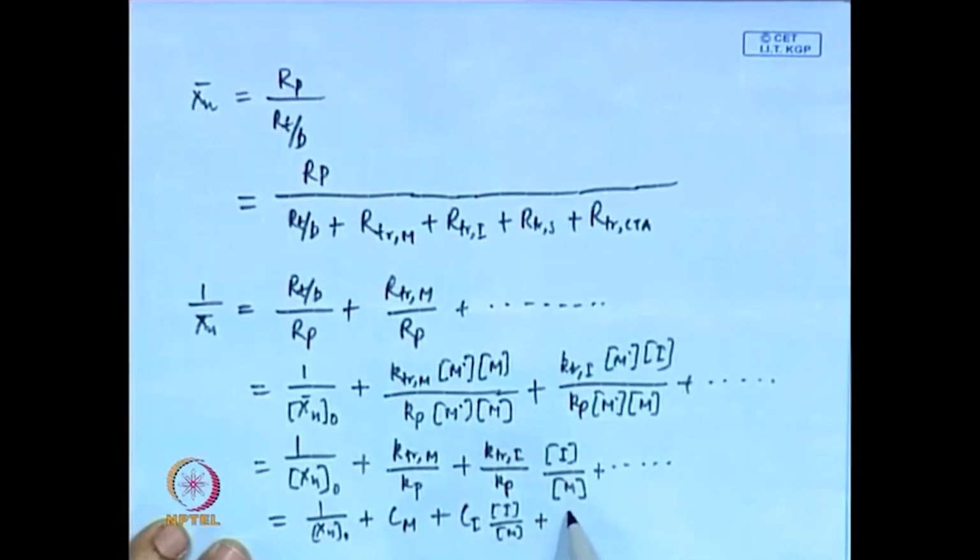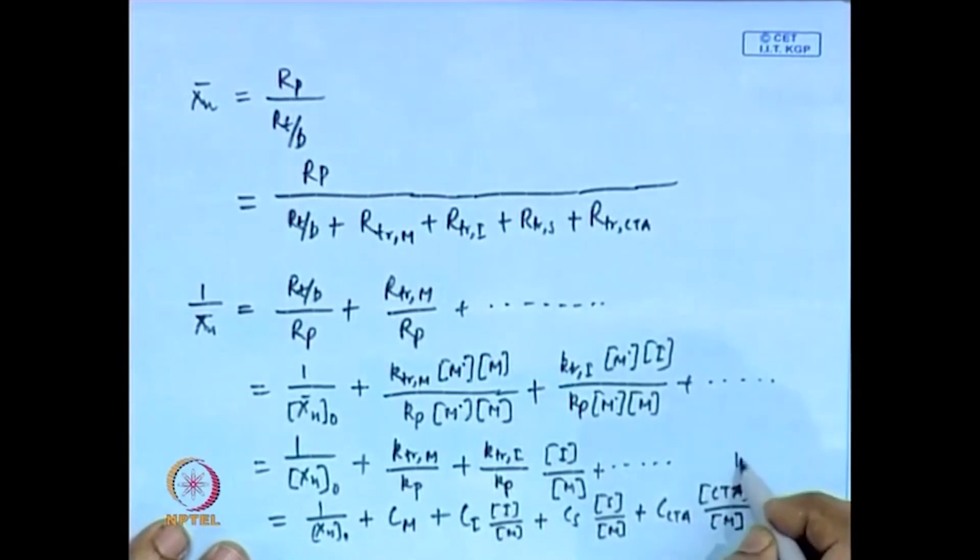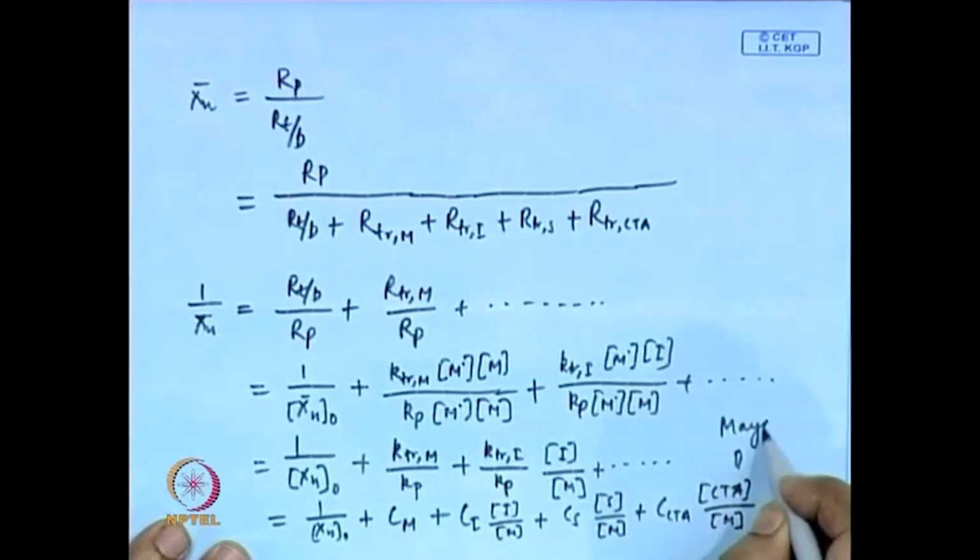Similarly, for solvent we can write C_s times solvent by monomer, plus C_CTA times CTA by monomer. Okay. Now, this is the Mayo equation.